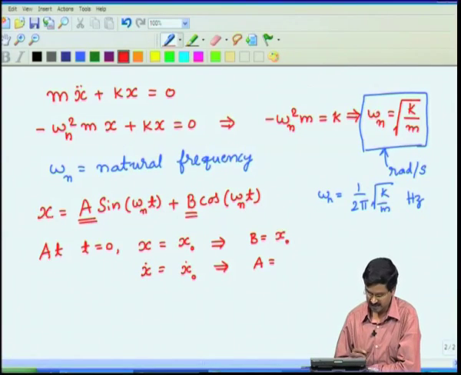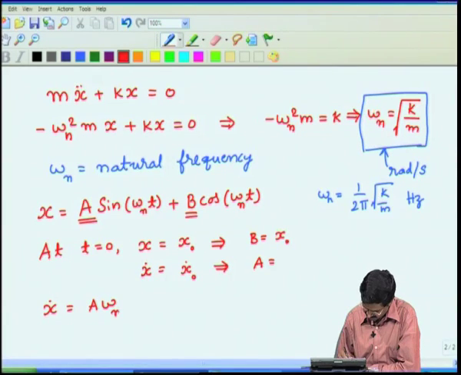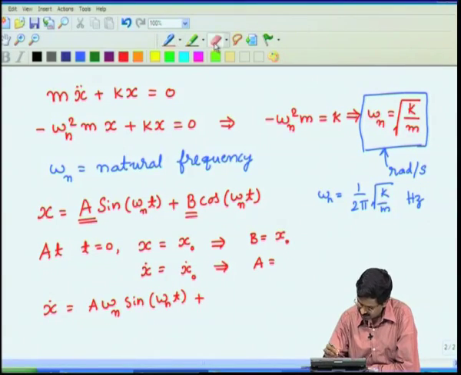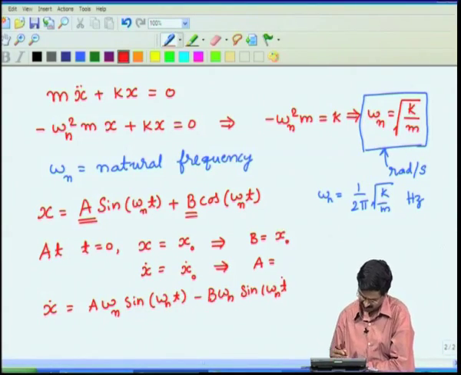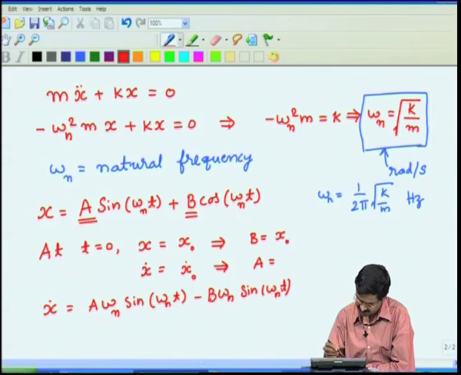Similarly a will be given by, now we have to take the derivative of this, so let us just write it, x dot is a omega n cos omega n t minus b omega n sin omega n t, since we are taking derivative.